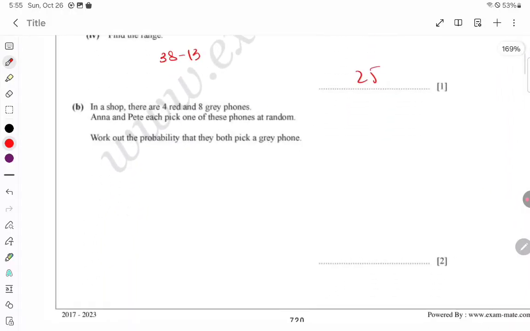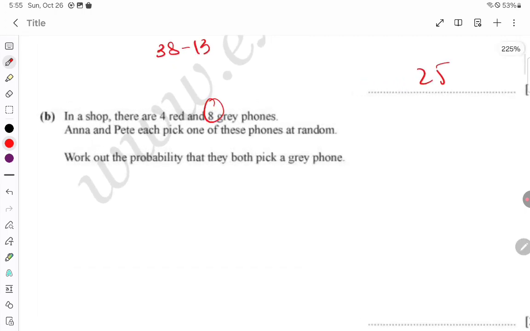In part B, in our shop, there are 4 red and 8 grey phones. Anna and Pete each pick one of these phones at random. Work out the probability that they both pick a grey phone. So the probability of a grey phone is 8, and the total phones are 4 plus 8, which is 12. So first is 8 over 12.